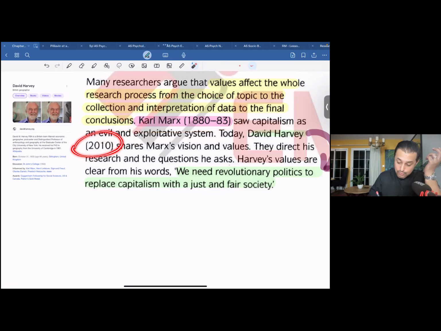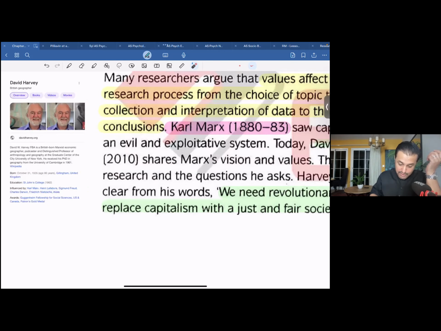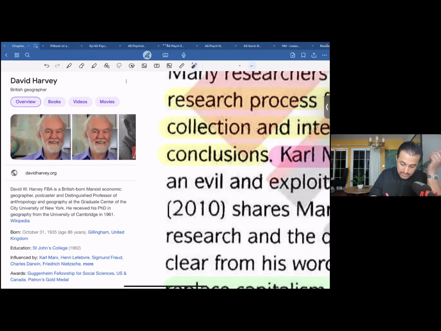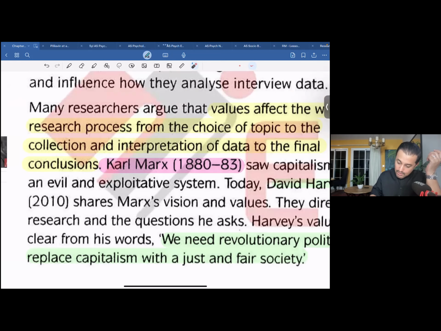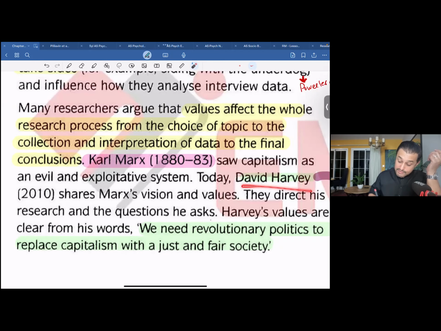However, we can also speak about David Harvey, a contemporary British geographer and sociologist. Today, David Harvey shares Marx's vision and values. They direct his research and the questions he asks. So the questions that he asks in a research, or the research that he conducts, pretty much reflects his Marxist values.